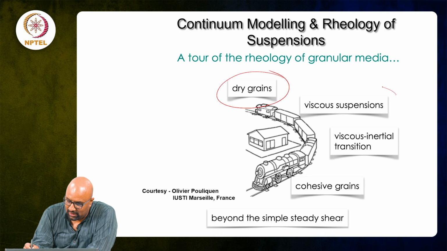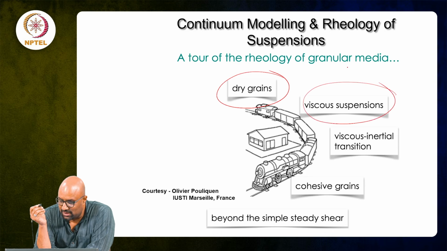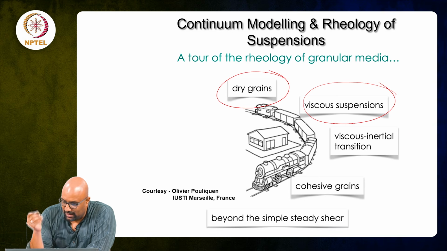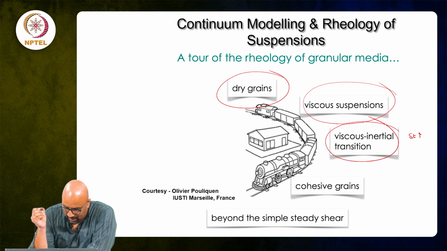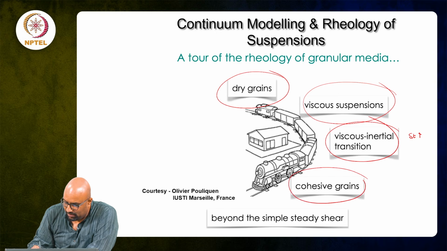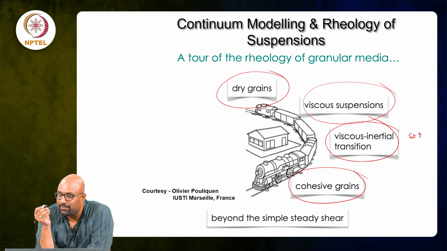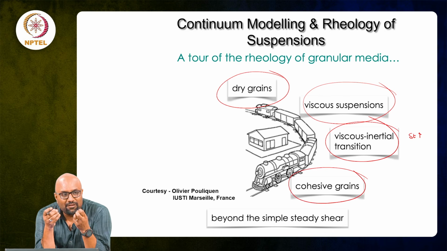Then you have viscous suspensions, which is basically to say that there is a liquid in between. Then as the particle Stokes number starts to increase, you are going to have competition where viscous and inertial effects come in together, and you can also look at cases where the particles have some kind of an attraction. So, these are cohesive grains.